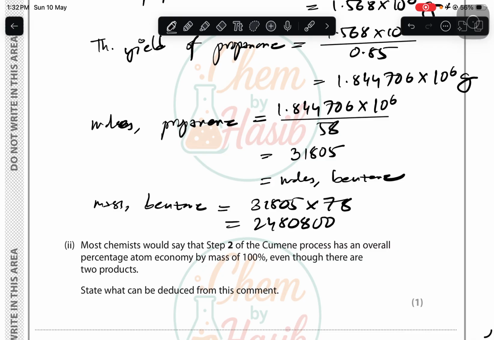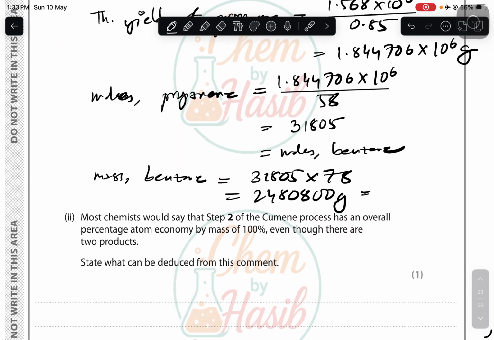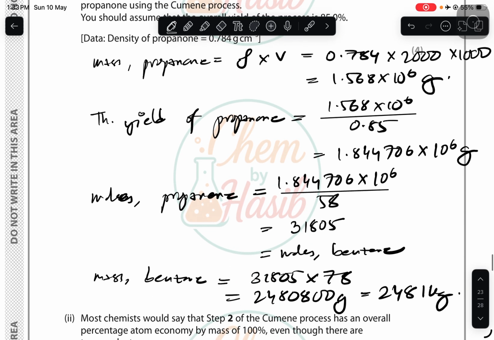You're supposed to give the answer in kg, right? So you divide by 1000. This becomes 2481 kg, right? So that would be your answer. Easy question, very, very common question.